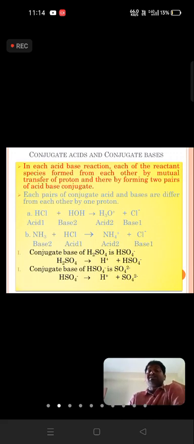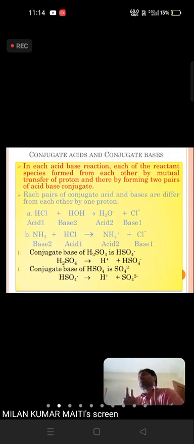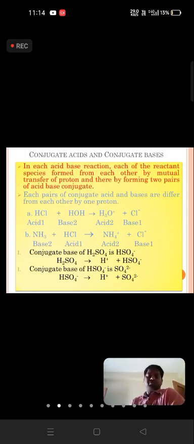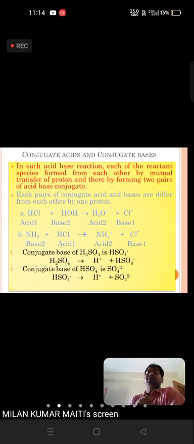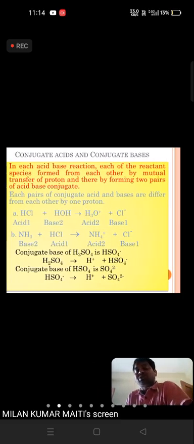Next, what is the conjugate acid-base pair? Now, in each acid-base reaction, there is a formation of two pairs of conjugate acid-base by the mutual transfer of a proton. Here is one example: HCl, when it reacts with water, provides one H plus or proton to the water molecule.